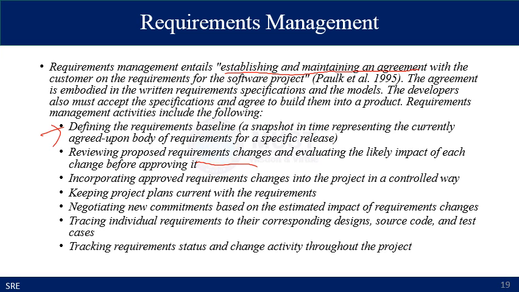It also incorporates approved requirement changes into the project in a controlled way, keeping project plans current with the requirements. It also includes the negotiation of new commitments based on the estimated impacts of the requirement changes and traces individual requirements to their corresponding design, source code, and test cases. Requirement management also tracks requirement statuses and change activity throughout the project.